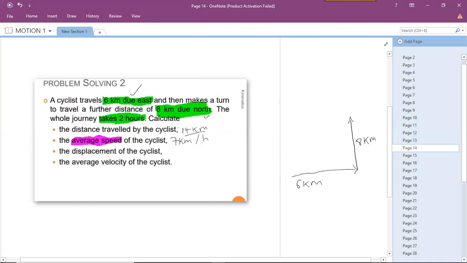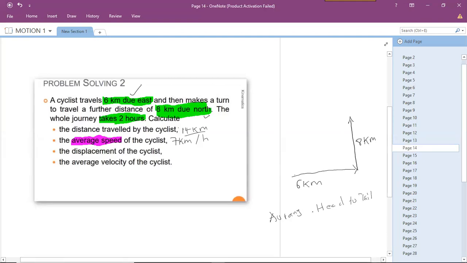So if you remember, we're calculating displacement. So remember, this is the tail and the head of the vector. I'm going to join the next vector at the tail going towards the head. So this is how I'm going to add these two vectors from head to tail. So this is how I'm going to arrange these vectors.